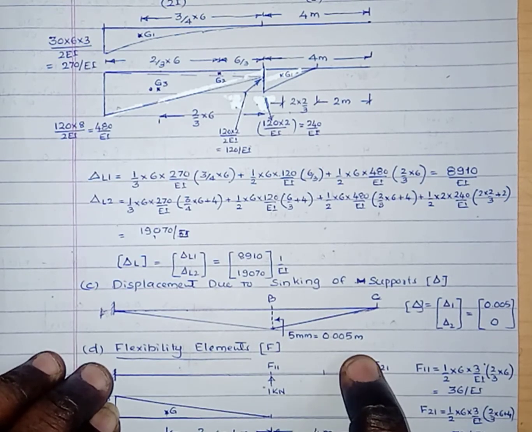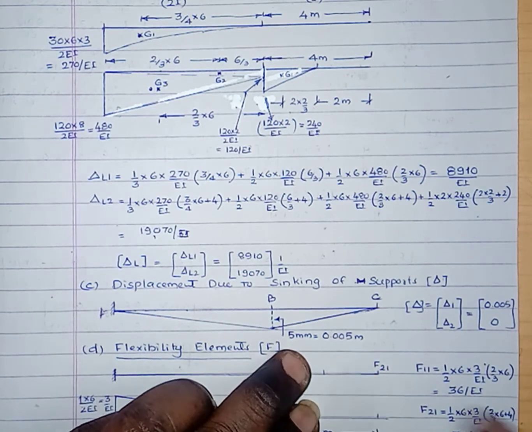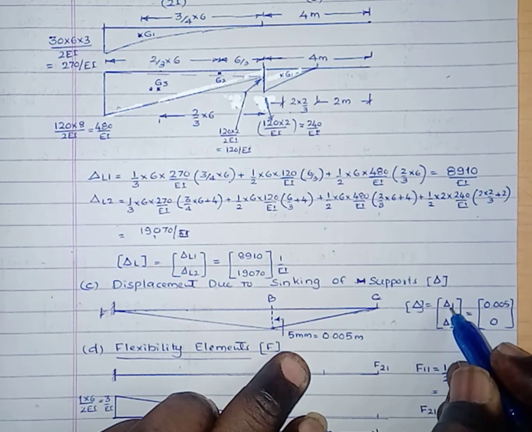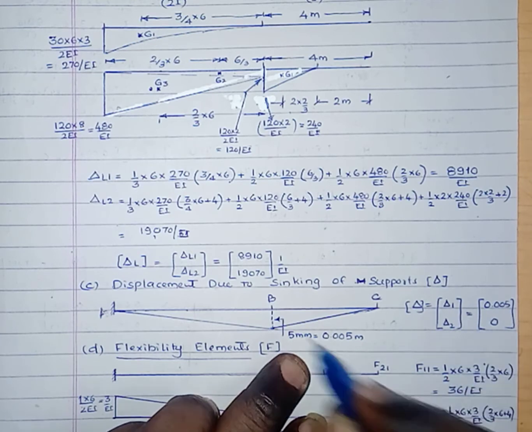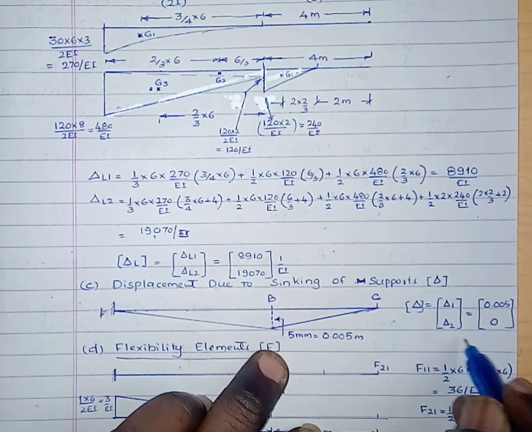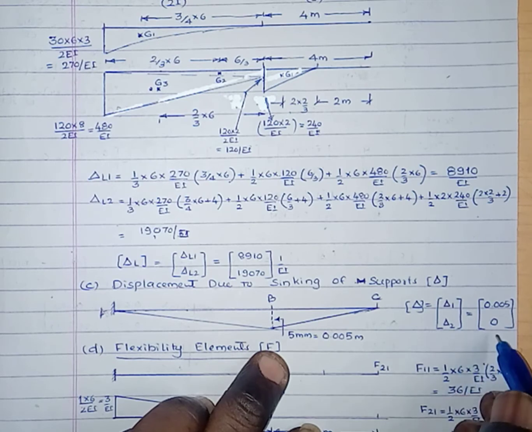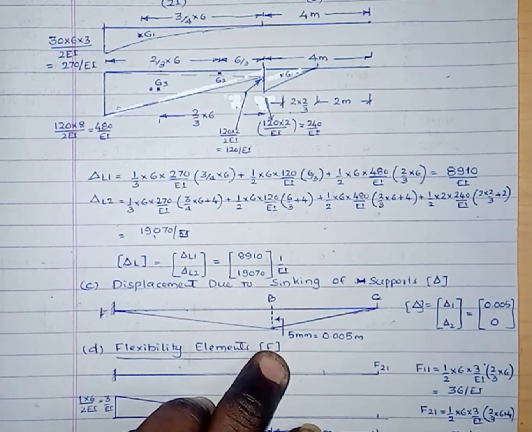Here we have to convert that into meters. Then the displacement due to sinking of the support is given by delta 1 and delta 2. Here at coordinate 1 there is a sinking of the support by 0.005 in the downward direction, and delta 2, that is at support C, there is no settlement, hence that is 0.